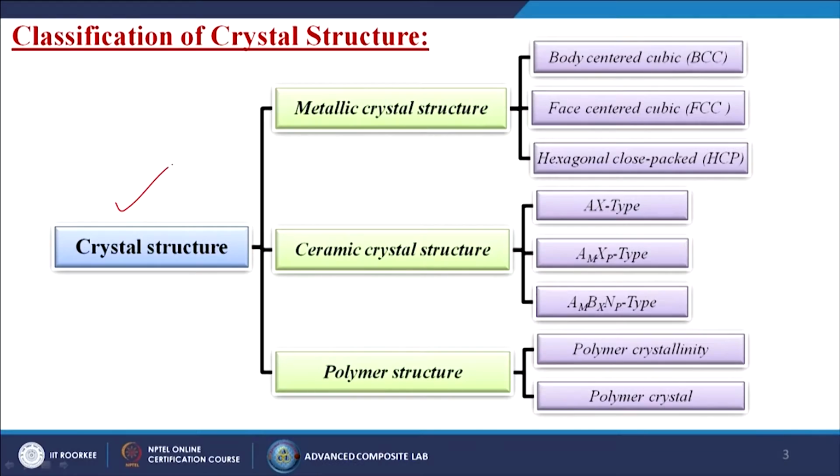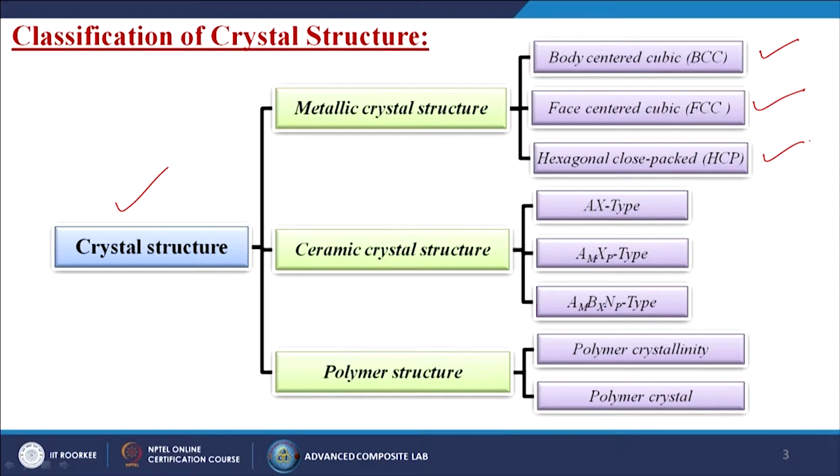If we do the classification of the crystal structure, as I told already, it is divided into three parts. One is the metallic crystal structure, then the ceramic crystal structure, and the last one is the polymer structure. In the metallic crystal structure we can find three types: BCC, the body centered cubic, then face centered cubic, FCC, and the hexagonal close packed, generally called the HCP structure.